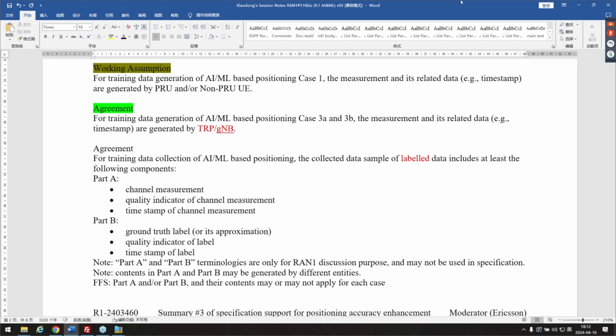If more components need to be added, we can add them in the future. We also have a note to say that the part A, part B terminology does not really mean anything. It's only for RAN1 discussion purposes, so it does not impact how RAN2 or RAN3 may decide the signaling or data structure. And there's a comment that the last FFS should be changed to a note.